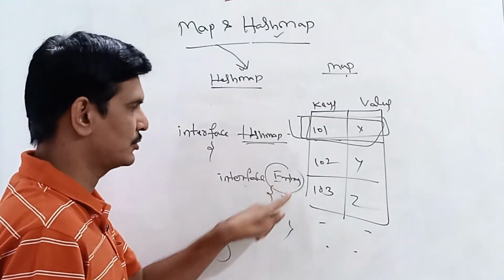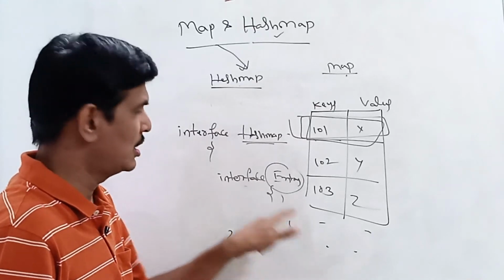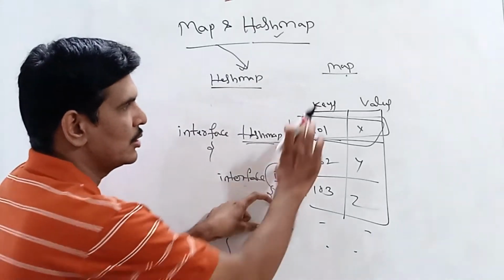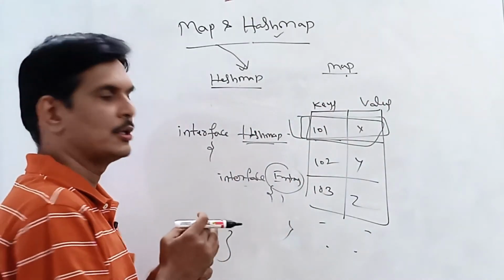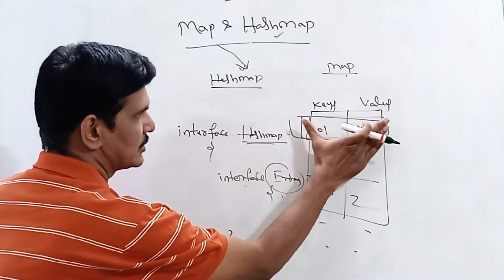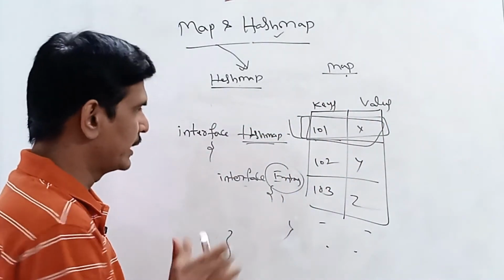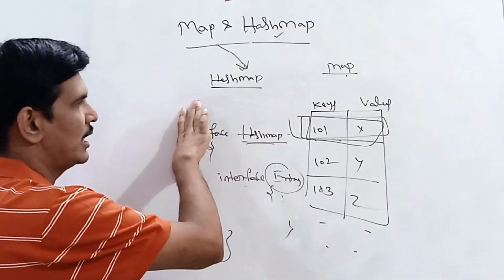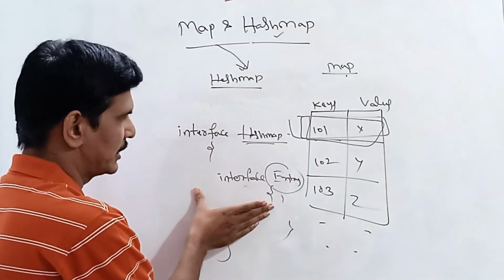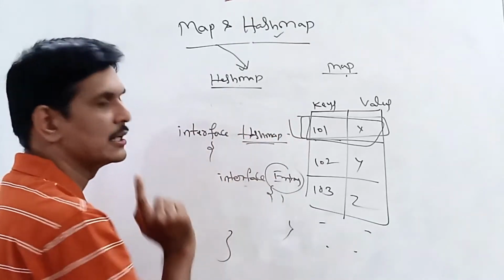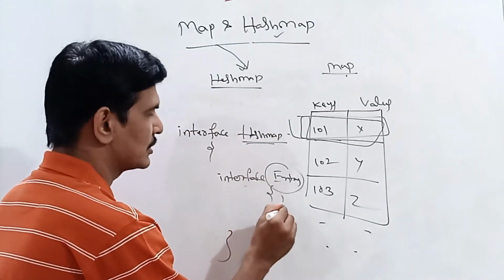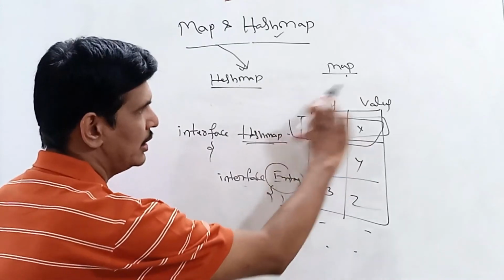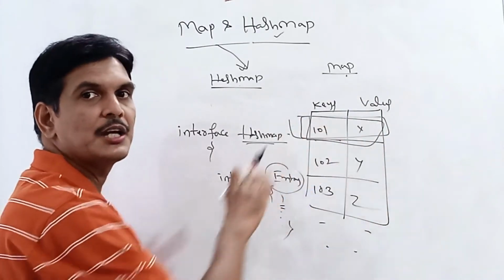Certain methods are available in the Entry interface, and we can use those methods only on the entries of the collection. So Entry is an interface inside the Map interface, and its methods we can use only on the entry objects from the hash map.